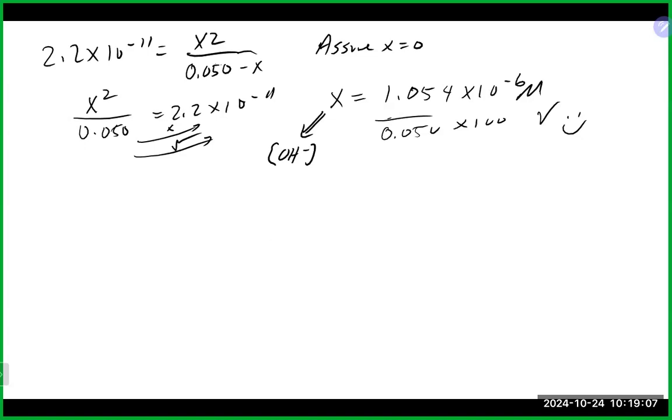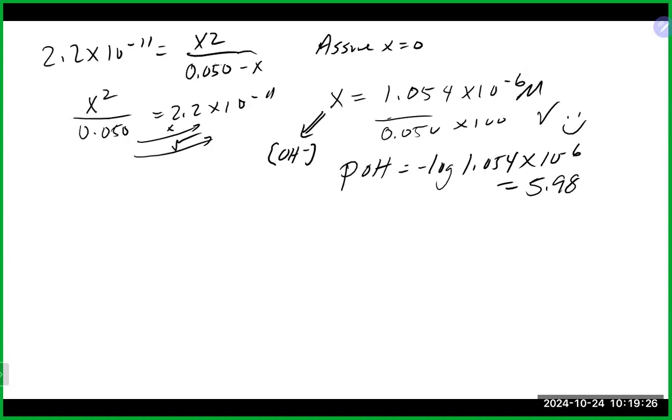We'll throw an M on it. That means we could calculate the pOH here, minus the log of 1.054 times 10 to the minus 6. And we'll call it 5.98.